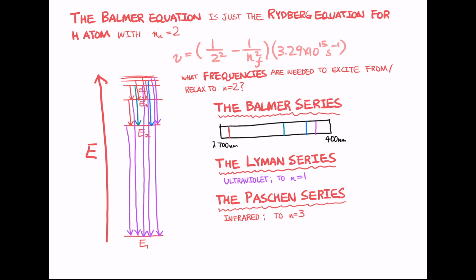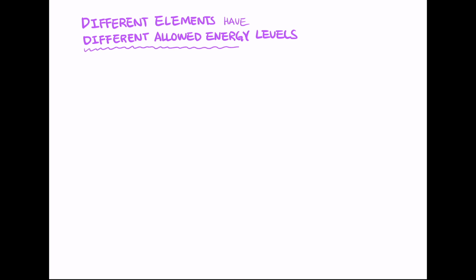We can extend this idea for different quantized electron states to other elements. Different elements will have different allowed energies for their electrons, so the frequencies of light that can be released or absorbed will be unique for each element. This is the reason why we can identify an element through a flame test.